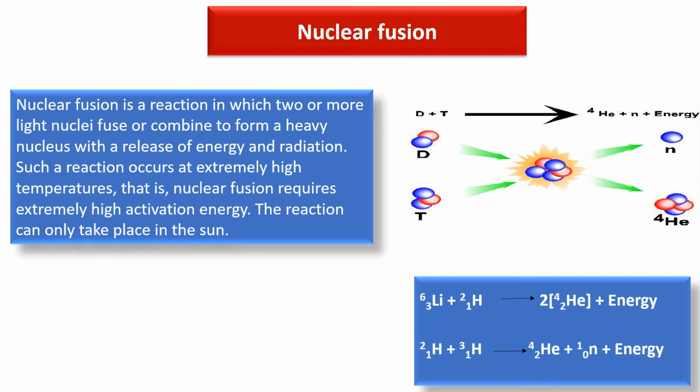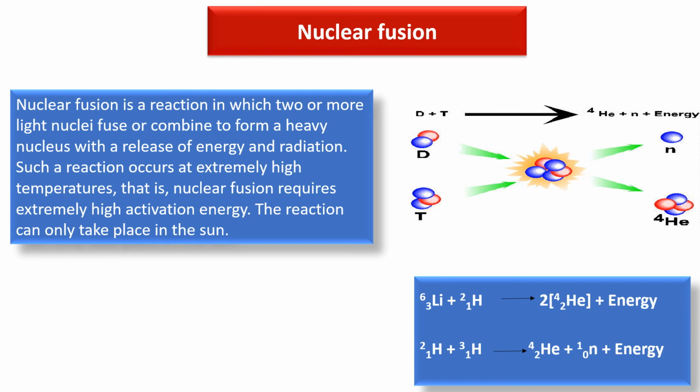Another example is deuterium reacting with tritium to form 1 mole of helium and 1 mole of neutron with the release of energy. So we can see here that the mass number of deuterium and tritium is less than the mass number of the helium formed at the end of the day.